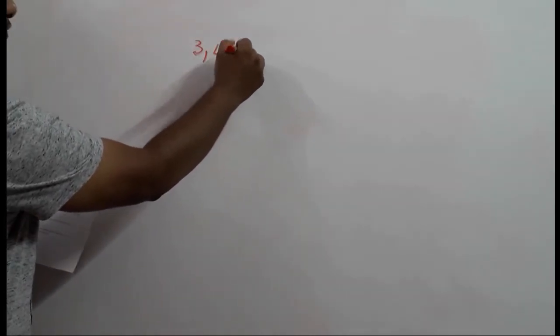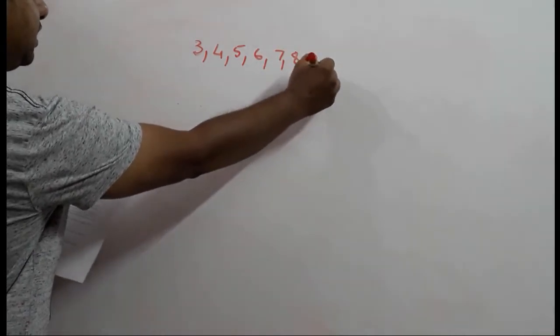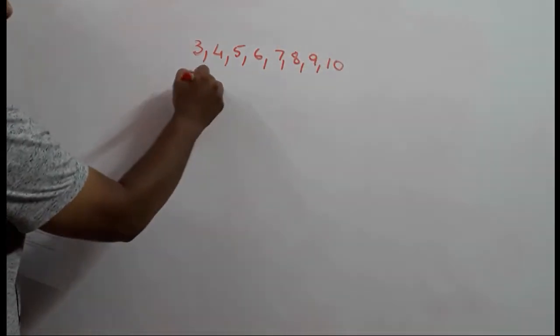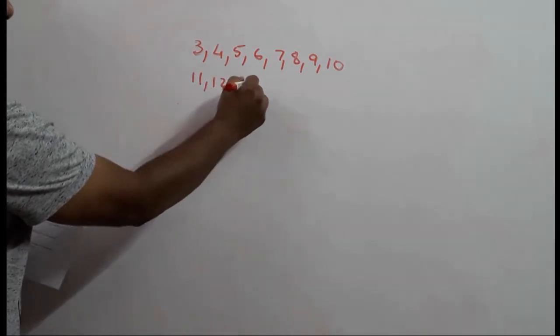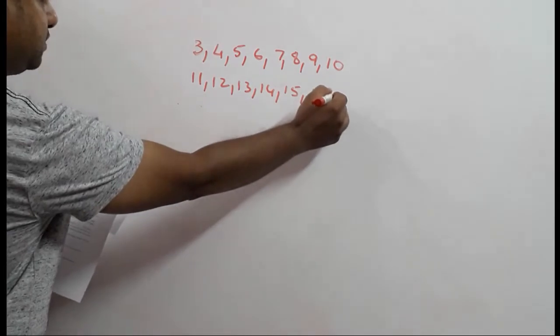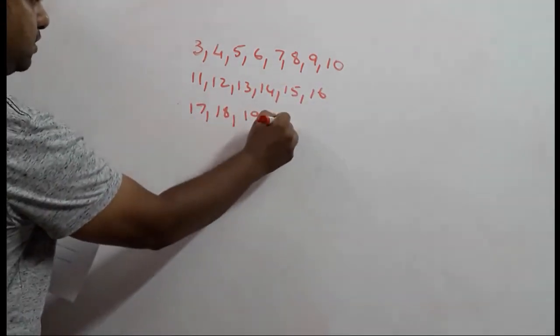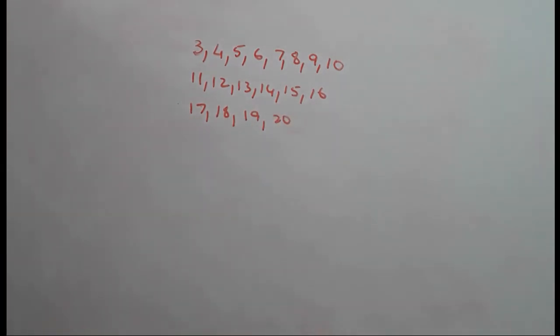Cards bearing numbers 3 to 20. So just write them down: 3, 4, 5, 6, 7, 8, 9, 10, 11, 12, 13, 14, 15, 16, 17, 18, 19, 20.